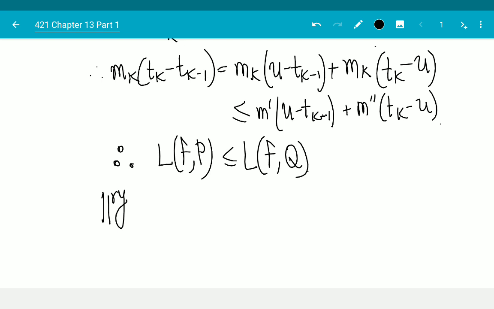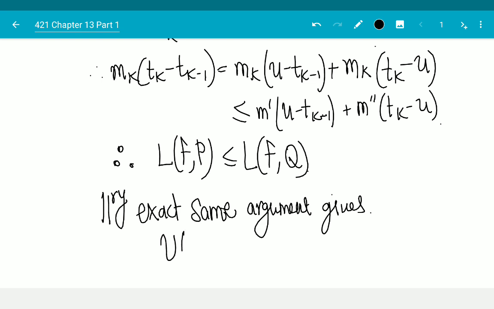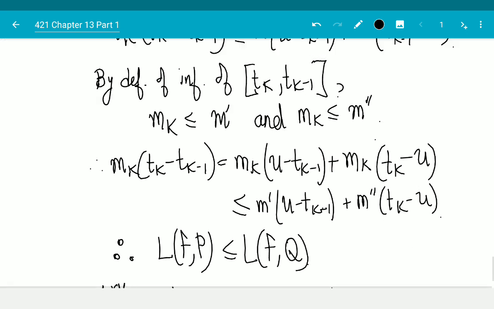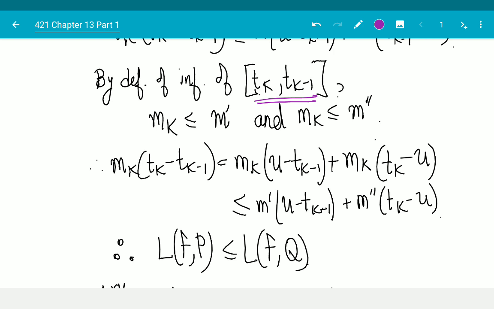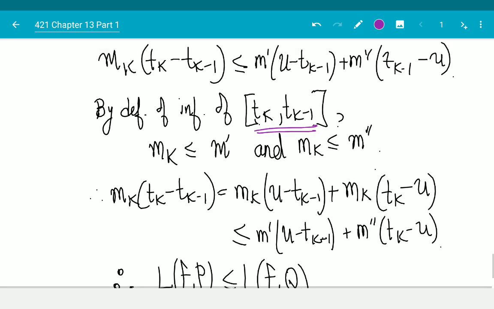Similarly, the exact same argument gives that U f comma Q is smaller than or equal to U f comma P, because in that case I would be looking at the supremum of this interval, right? If the supremum was, let's say, capital M prime, then that lies between Tk and Tk minus 1 also, right?